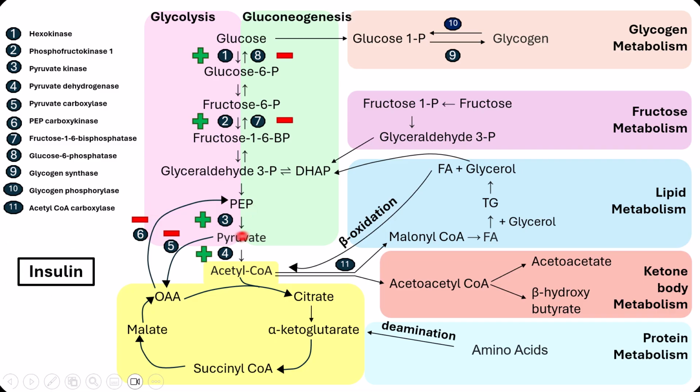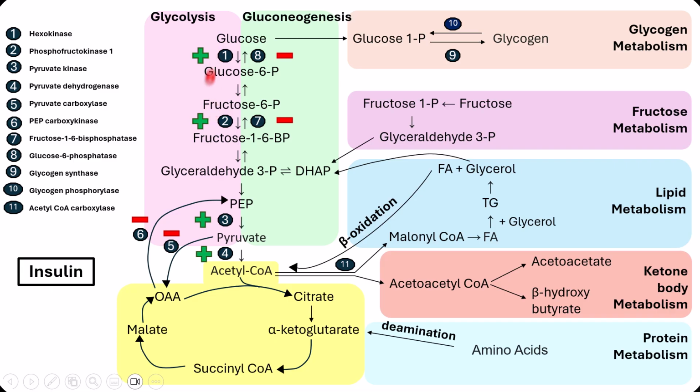So when insulin dephosphorylates them, they will be inactivated, and all these enzymes 1 to 4 will be activated in their dephosphorylated state. So insulin will be activating them. Insulin will do nothing else. It will just dephosphorylate all the enzymes.